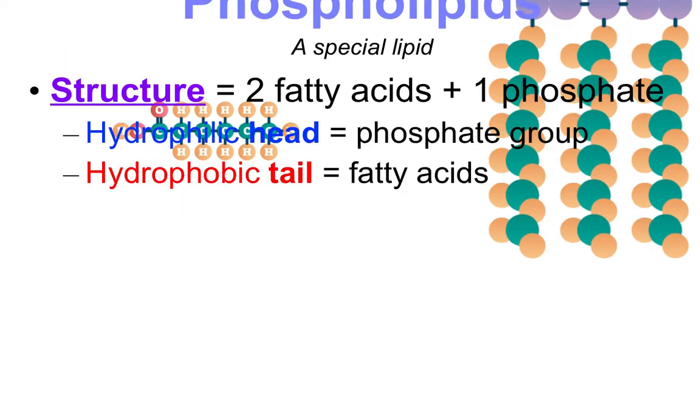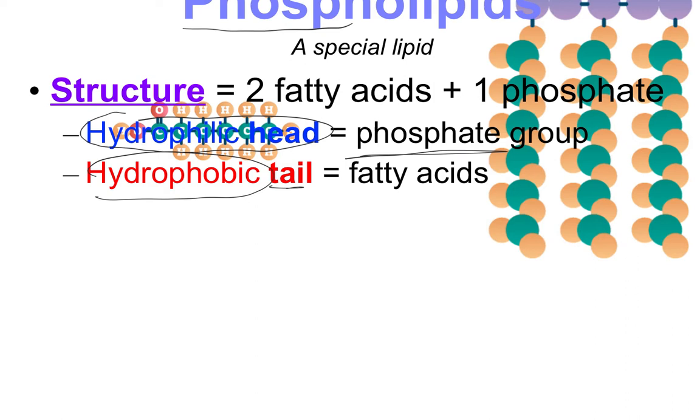We will learn more about phospholipids when we talk about the cell membrane, but a phospholipid is 2 of these fatty acids stuck together with one phosphate. It has a hydrophilic head, which is part of the phosphate group, and a hydrophobic tail.